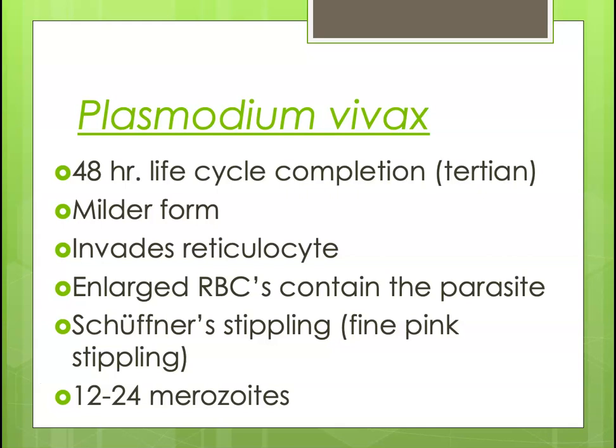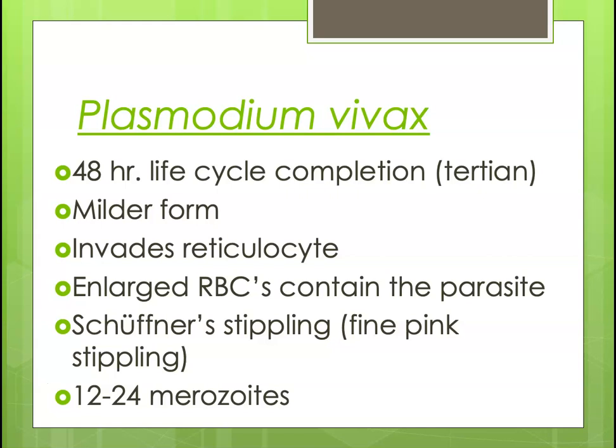When you use the Giemsa stain, you can sometimes see stippling called Schüffner's stippling or Schüffner's dots. So you can see this with both vivax and ovale. And it usually contains 12 to 24 merozoites in each mature schizont.